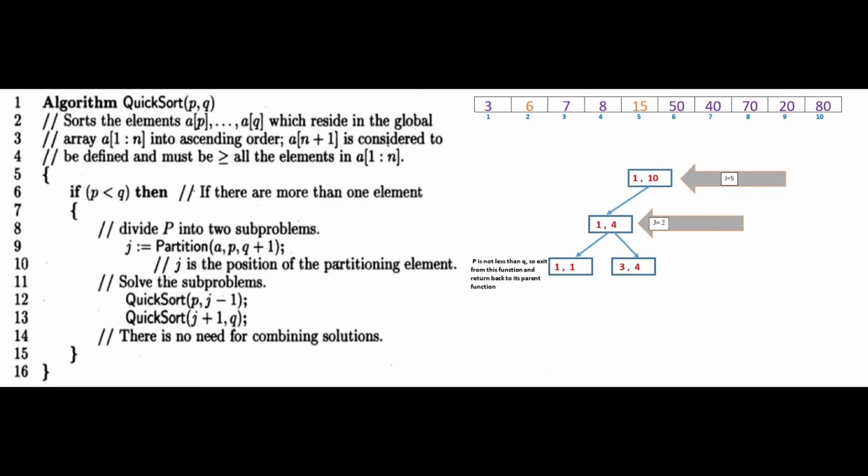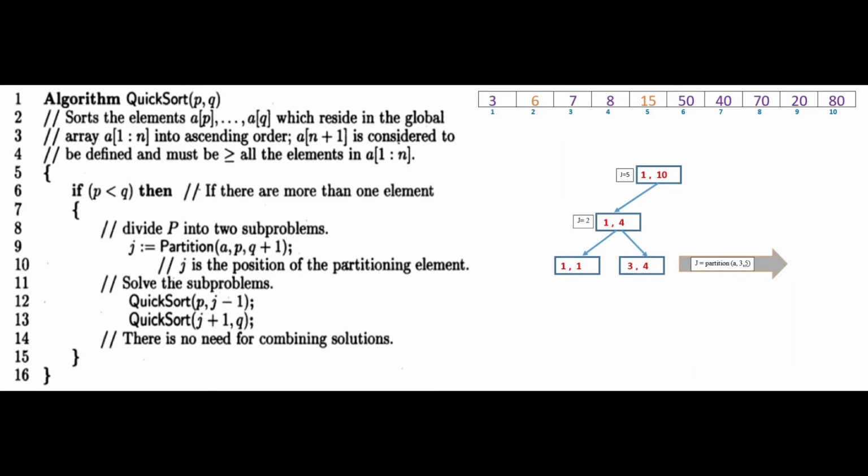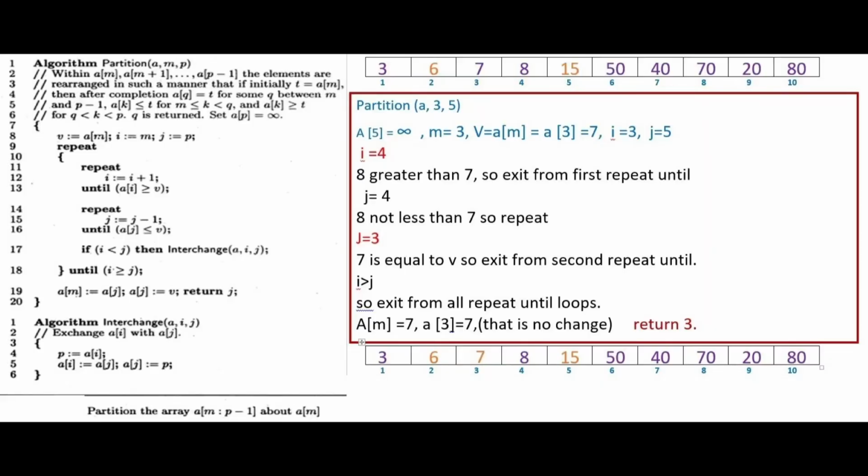J is equal to partition of a comma p comma q plus 1. Call the partitioning function with the parameters a, p is equal to 3, q plus 1, 5. Partition of a comma 3 comma 5.